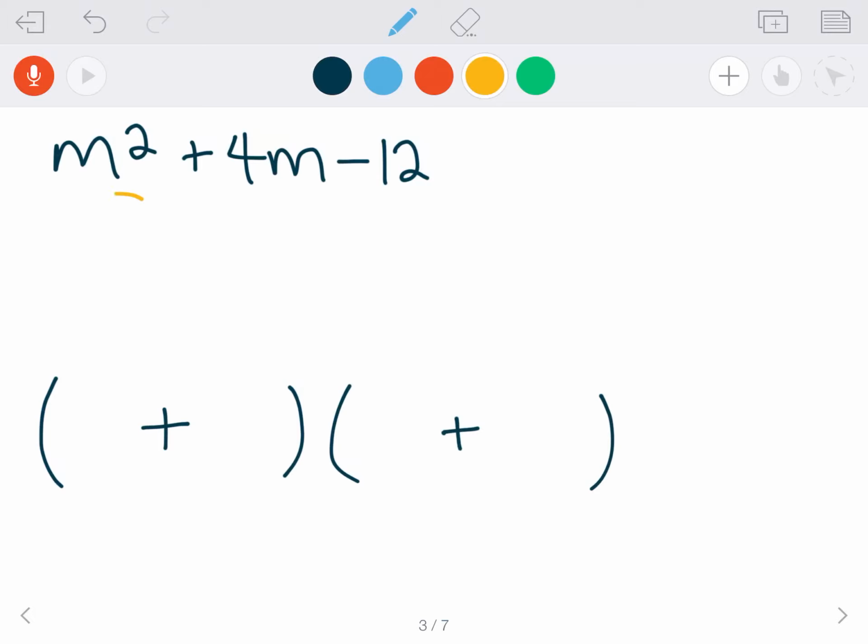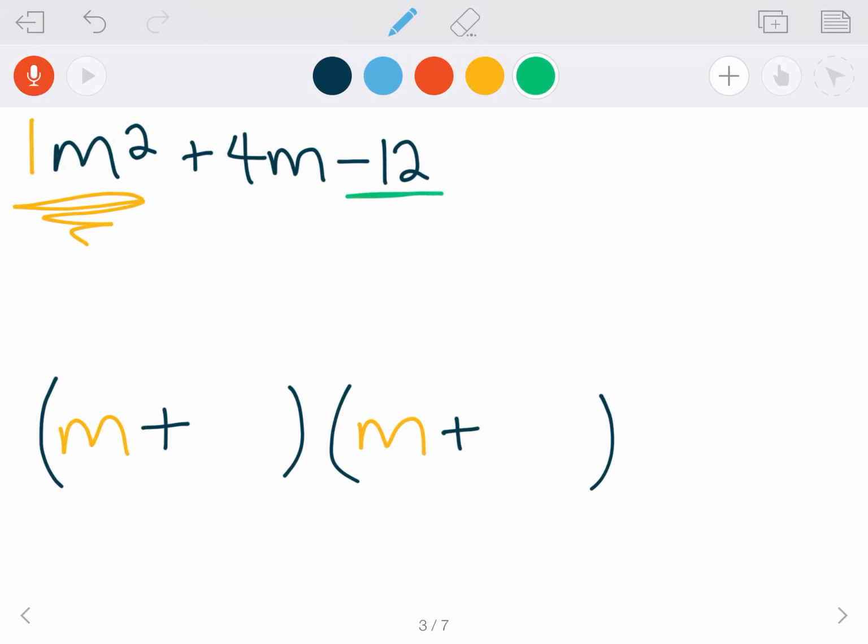Looking at the quadratic term, also known as a, we see it's m squared. The coefficient in front of m squared is a 1, and the only factors of 1 are 1 and 1. So in order to get 1m squared, I know that we must multiply m times m.